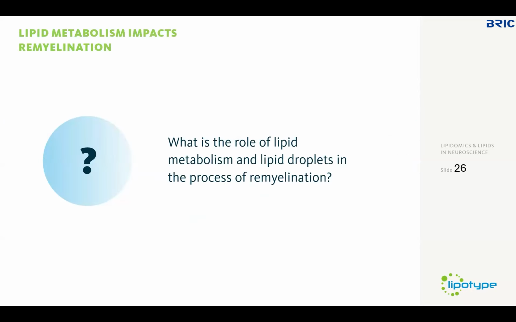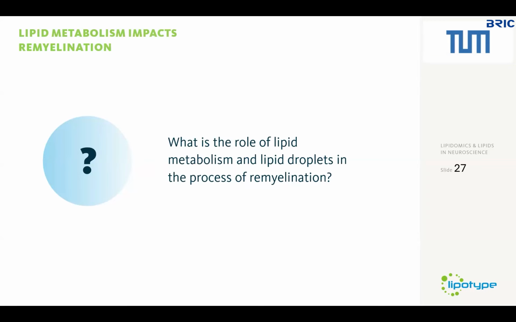The next process that we want to have a look at is remyelination. In this particular case, we worked together with the Technical University of Munich, and we wanted to check the role of lipid metabolism and lipid droplets in the process of remyelination. Remyelination overall is a regenerative process that can occur during central nervous system damage.